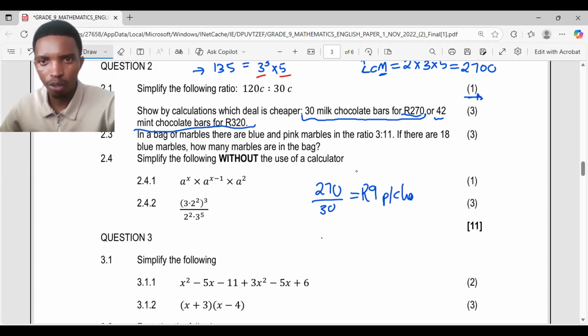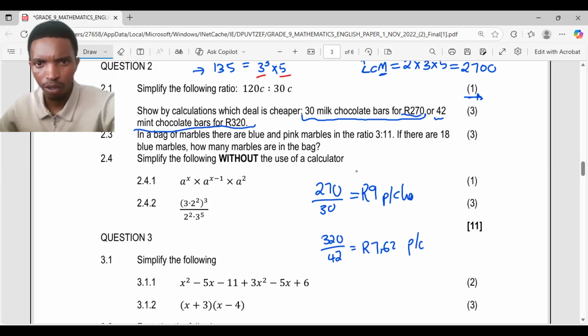So for the one at the bottom, if we have 320 divided by 42, how much is each chocolate now? 7 rand and 62 cents per chocolate. So which one is cheaper here? The first one or the second one?